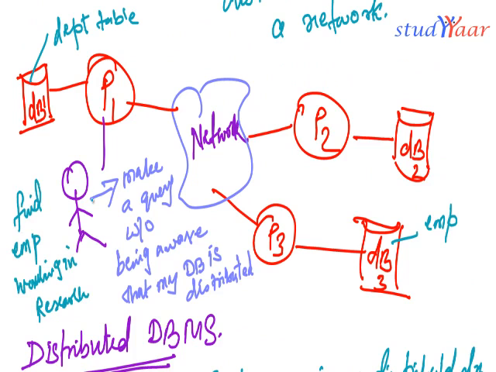My user doesn't know that the employee table is not at this location; although the user is at P1, the employee table is at P3. So my distributed database system is going to convert this query into two subqueries. First I fetch tuples from the department table, then I fetch tuples from the employee table, and I take a join probably at this site, and return the result to my user. All this is done so as to make the distribution transparent.